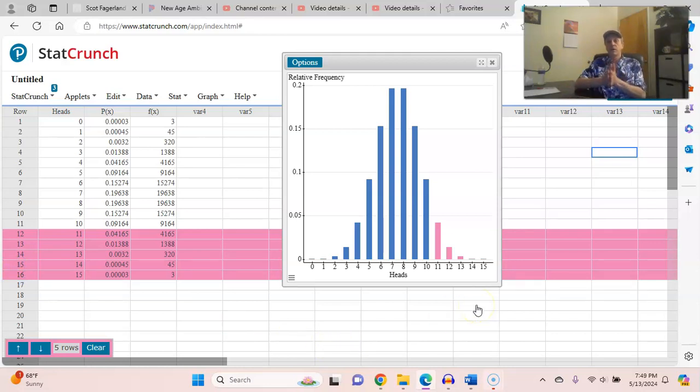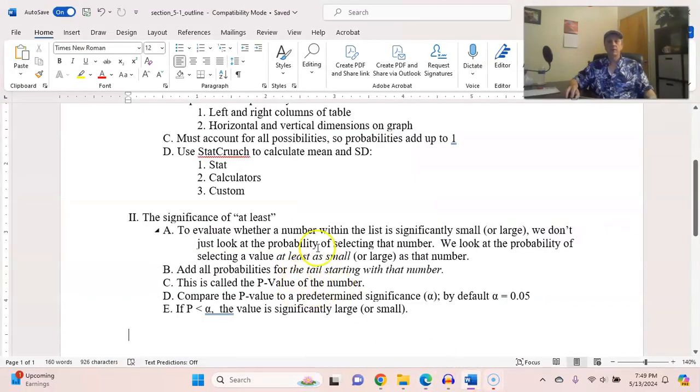All right, so to measure how unlikely it is to flip, I keep saying roll like I'm rolling dice, flip. To talk about how probable it is to flip 11 heads, we're really concerned with all the values that are 11 or more, at least 11. Okay, so that's basically what I'm stating in my notes here.